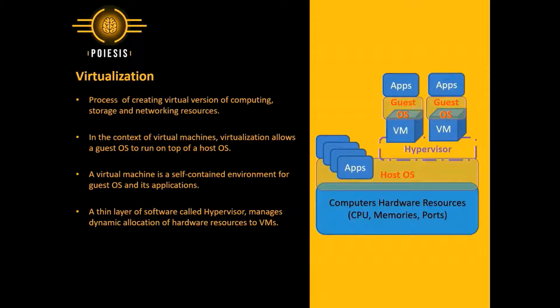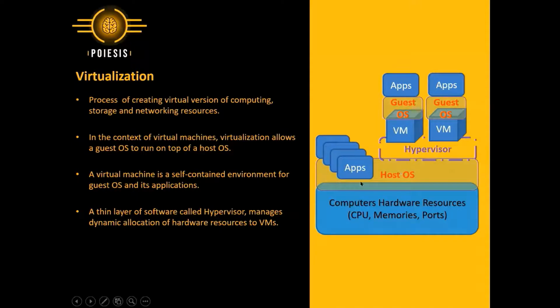A virtual machine is a self-contained environment for a guest OS and its applications. A thin layer of software called a hypervisor manages the dynamic allocation of hardware resources to VMs.